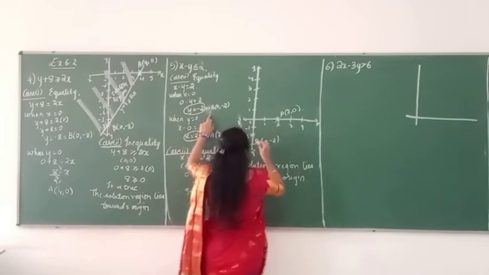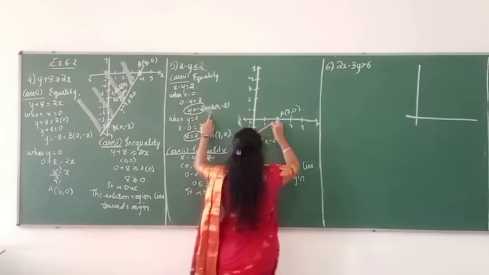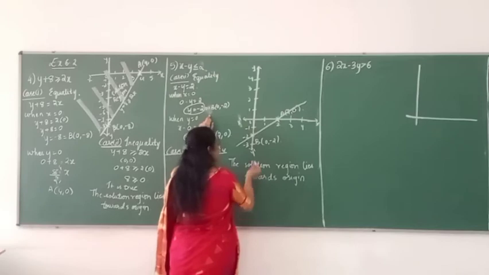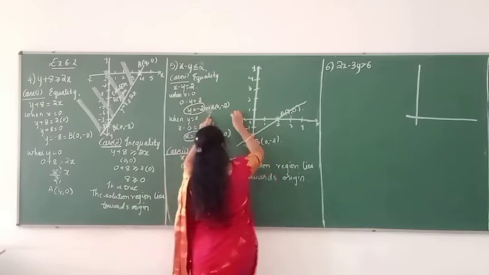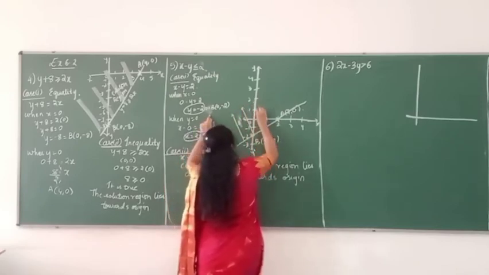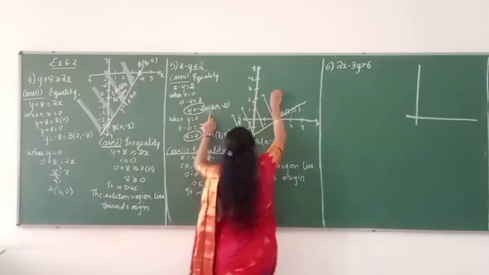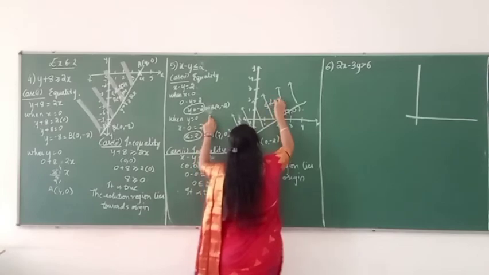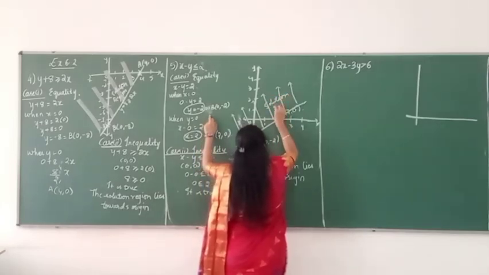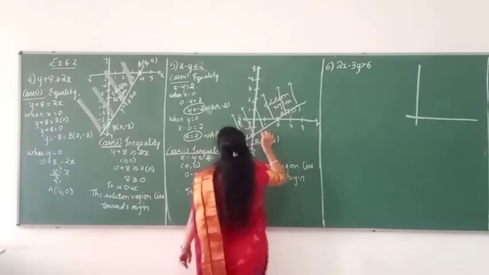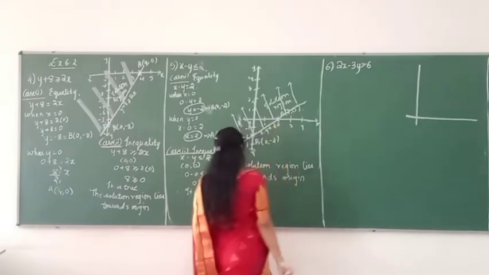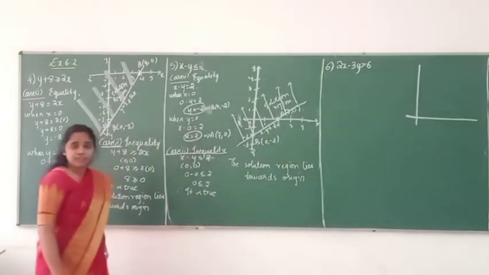As it is less than or equal to, it will be a bounded line, and the solution region lies towards the origin. This is nothing but your solution region. So here it is x minus y is less than or equal to 2. This is the solution for the fifth one.